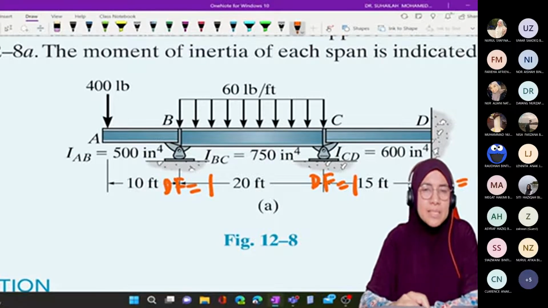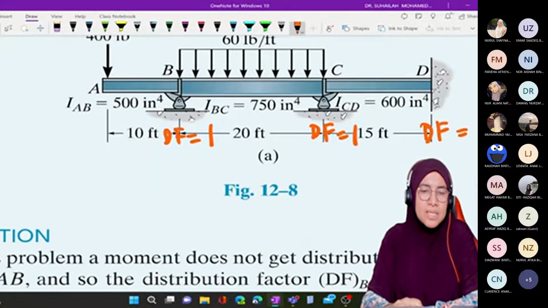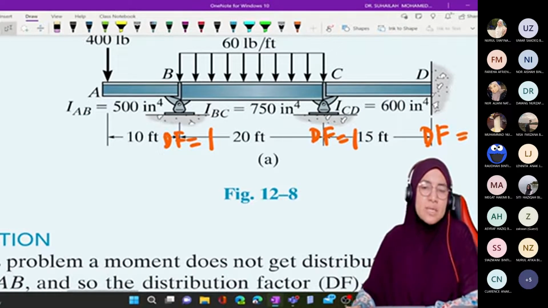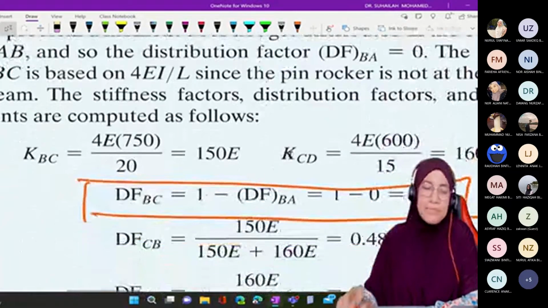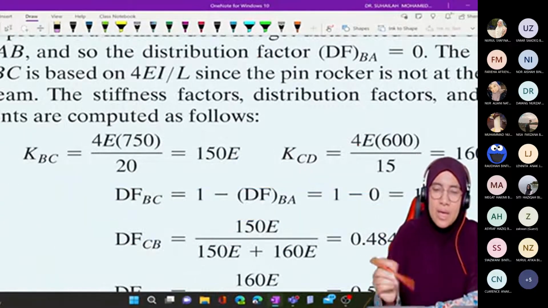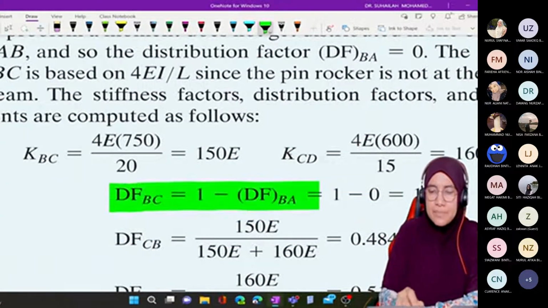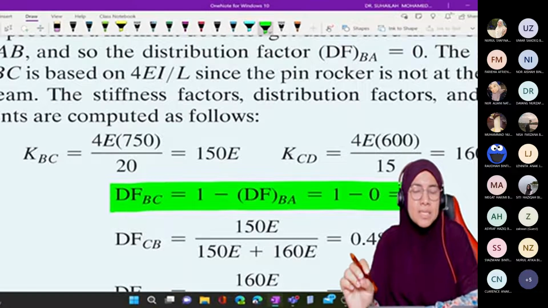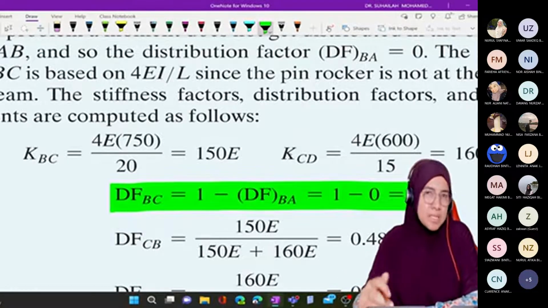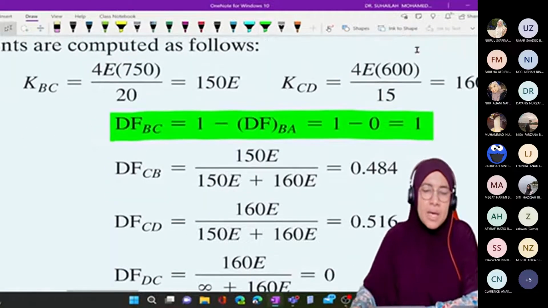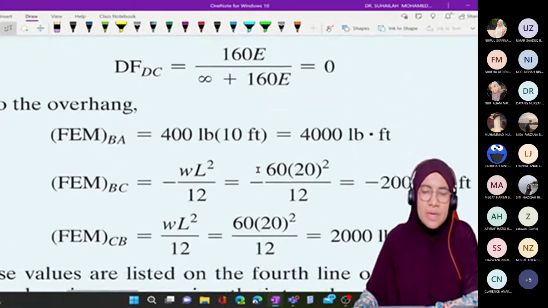But in this case BA is special if we have a cantilever end. We have to consider this: the distribution factor for BC equals 1 minus DFBA. This is special for an end cantilever.